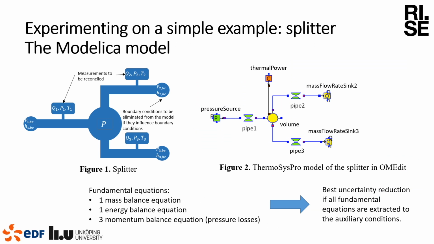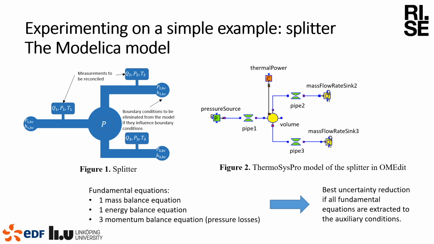Experimenting with the extraction algorithm on a simple example, the splitter Modelica model. In figure 2, you see the ThermoSysPro model of the splitter in OpenModelica. The model contains one pressure source, 3 pipes, 2 mass flow rate sinks, one volume, and a thermal power plant.